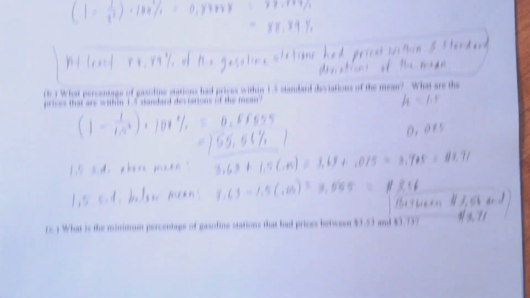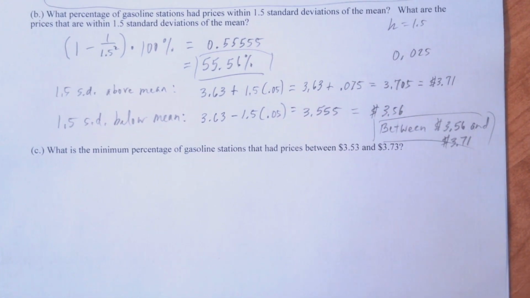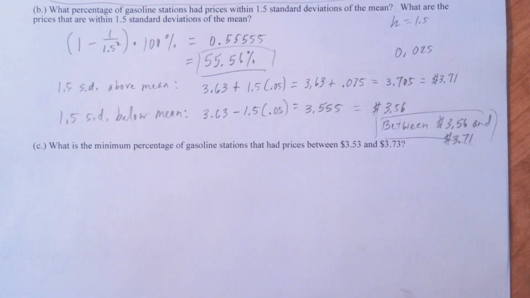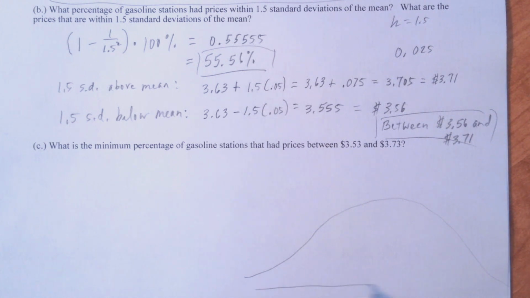All right, let's go ahead and look at C. It says, what is the minimum percentage of gasoline stations that had prices between $3.53 and $3.73? So I know it's not necessarily a normal distribution, but I'm going to draw it just because that's the way we're used to doing this.